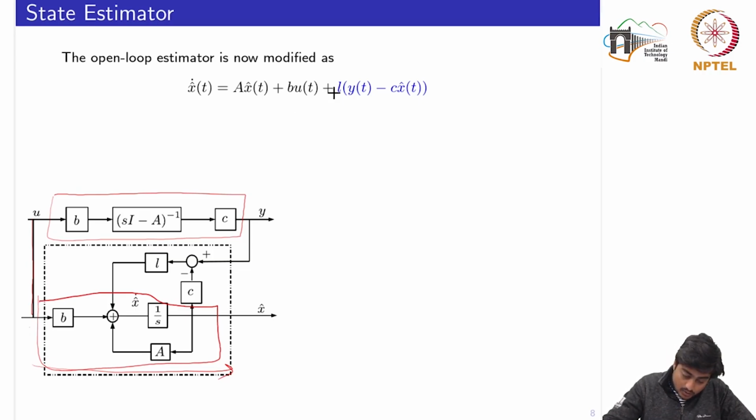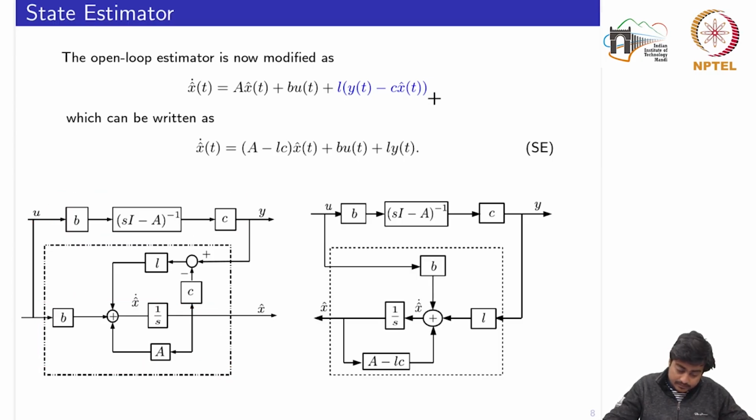Now by introducing this term into the open loop estimator, basically I have introduced a feedback mechanism into the observer itself by introducing this vector L. So this figure is basically the implementation of this equation. I can parameterize this equation to extract some nice features of this introduction.